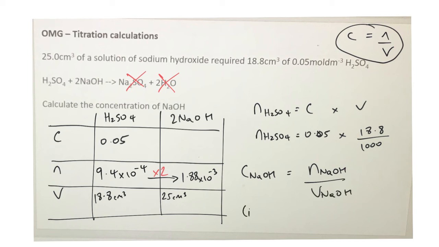So this means I'm going to do 1.88 times 10 to the minus 3, all divided by 25 divided by 1,000. And that is going to give me an answer of 0.0752. So make sure you've got that example down.